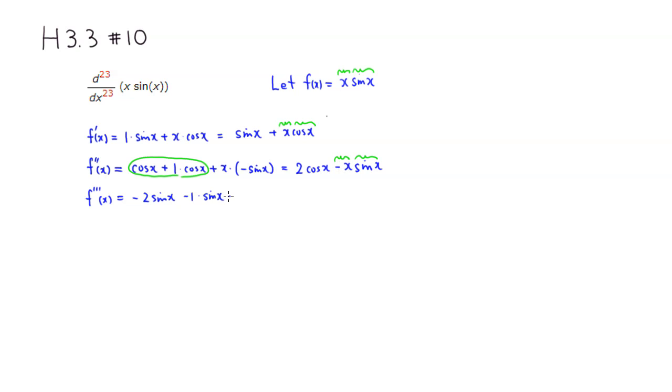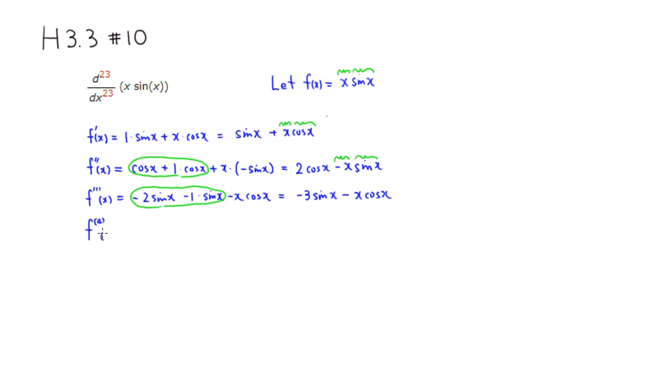And then the first guy is negative x, and the derivative of sine is cosine of x. If you clean it up, by combining these two, there's a negative 2 sine of x and negative 1 sine of x, so negative 3 sine of x. And then you have a minus x cosine of x.